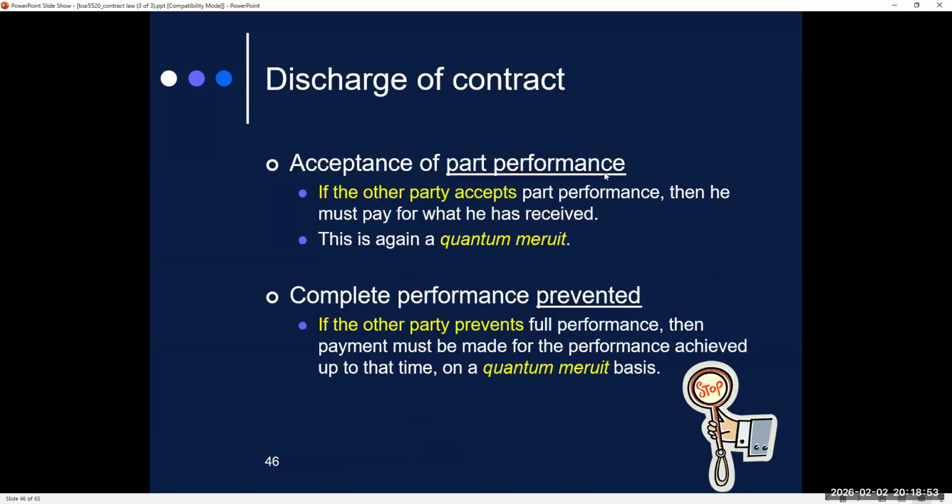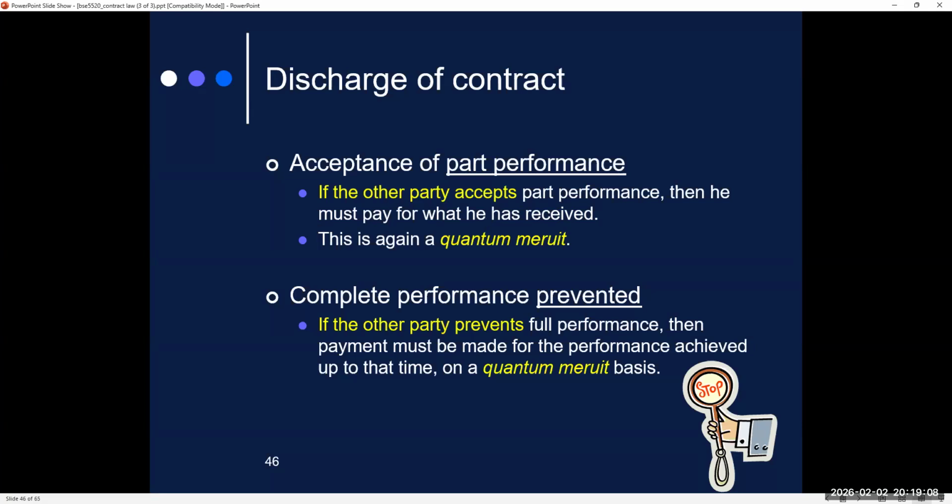Acceptance of part performance. Now, this could also bring a contract to an end if the other party accepts part performance. So we have several parts for a contract.